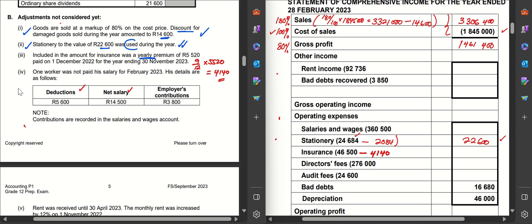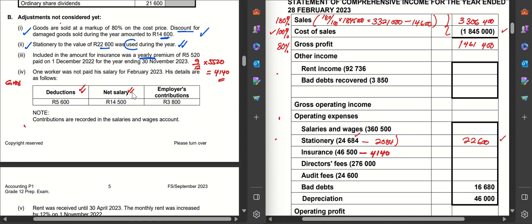I want to encourage you that whenever you see such an adjustment, in the income statement, we first record the gross. So you need to get to your gross salary. How do you get the gross? Because here you have deductions and the net. You also understand that if you have gross, you subtract deductions, you get net.